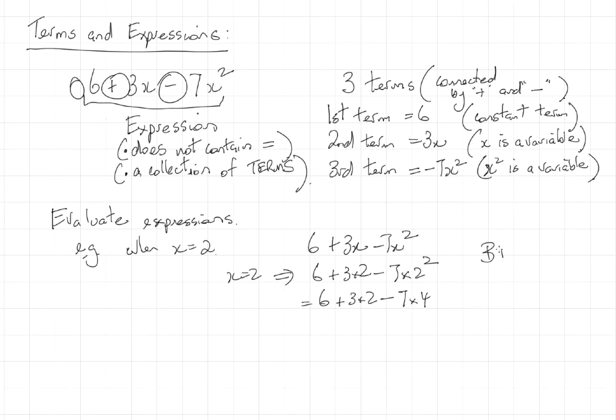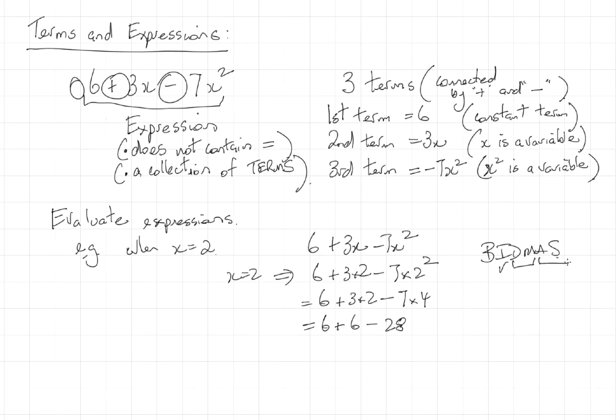So using BIDMAS, there are no brackets, but we've got indices, so we do the indices first. Then we do division or multiplication as they occur left to right, so we go 6 plus 6 minus 7 fours are 28.